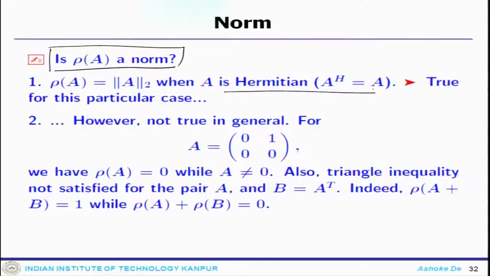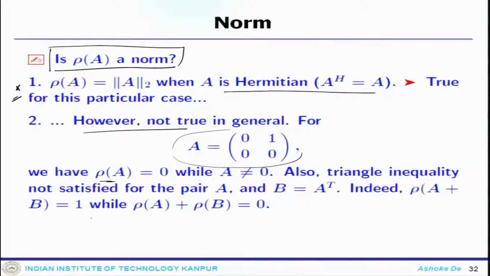If A is not a Hermitian matrix, this is not valid. In general this is not true. As I said, if you have a matrix like that, the spectral radius is 0, though A is not equal to 0, and the triangle inequality is not satisfied.